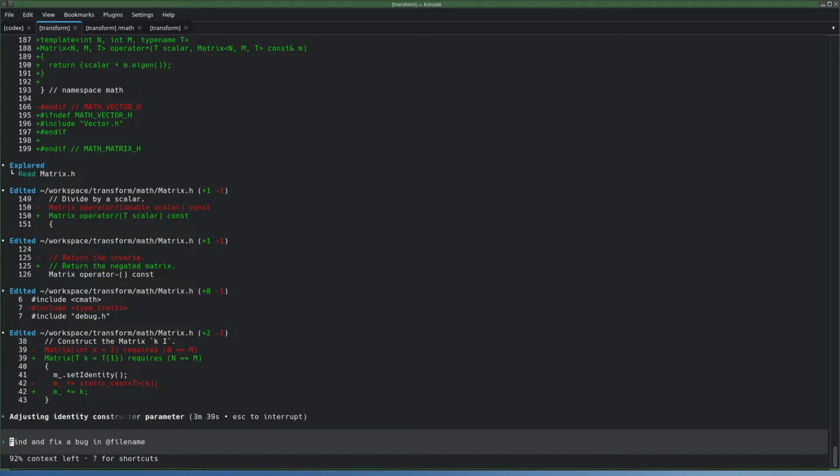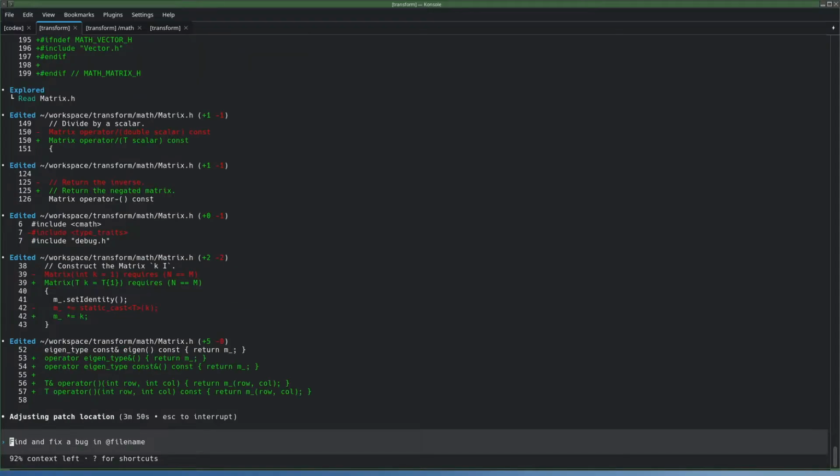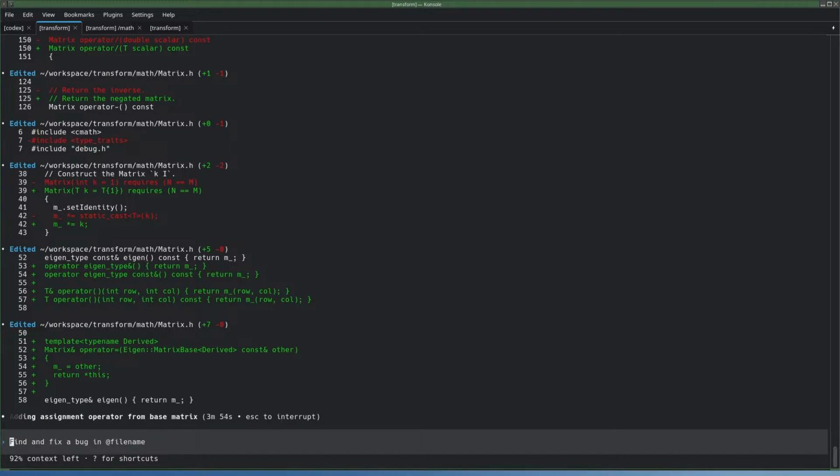And negated, yeah, definitely not inverse matrix. It should also not be in vector actually, the word inverse. Could probably already change that.